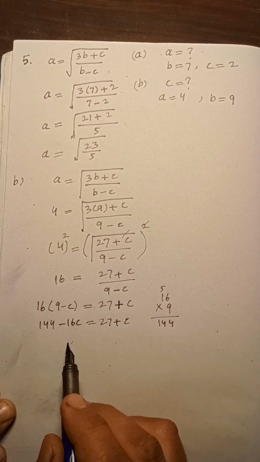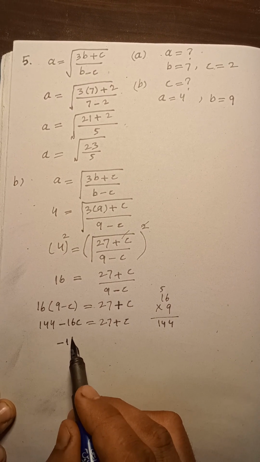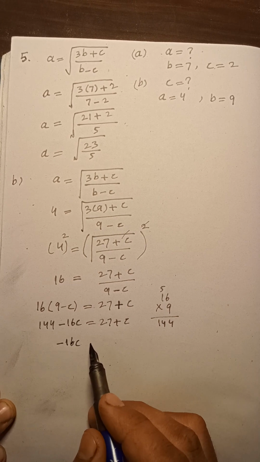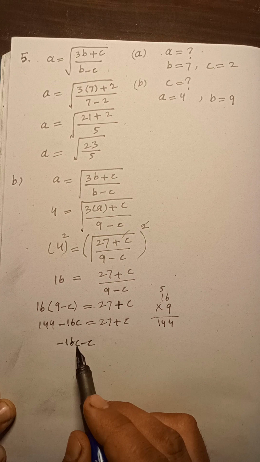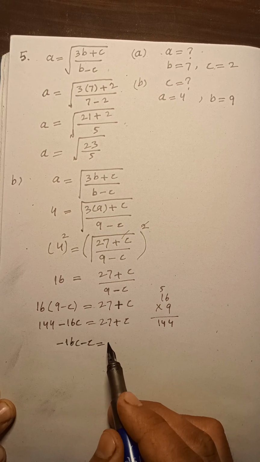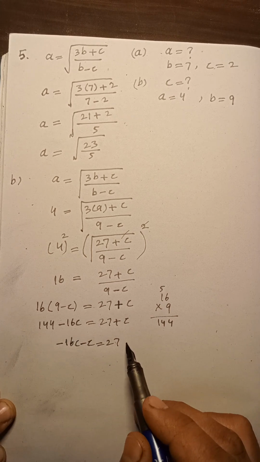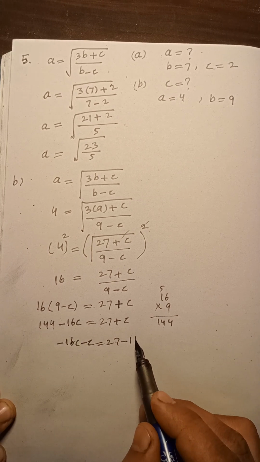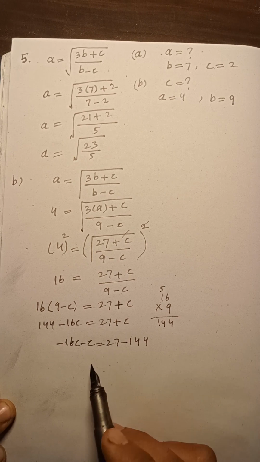Now write the same terms on the same side. Minus 16c and minus c. This plus c when carried to the other side will become minus c, and 27 plus 144 will become minus 144 on the other side, and 27 will remain the same.